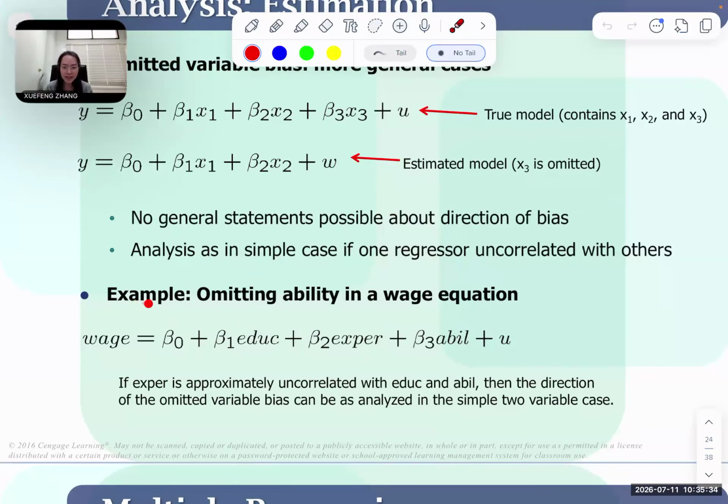Let's look at the example, the wage example. Here we're omitting ability in a wage equation like I mentioned before: wage equals beta 0 plus beta 1 education plus beta 2 experience plus beta 3 ability plus mu. Suppose we omit ability.